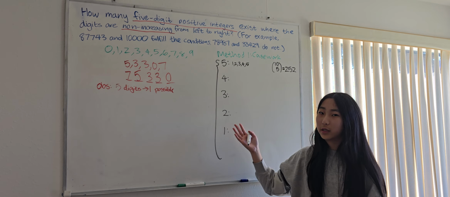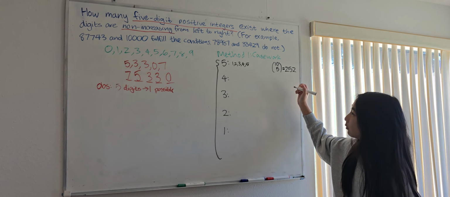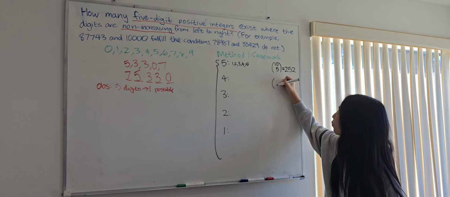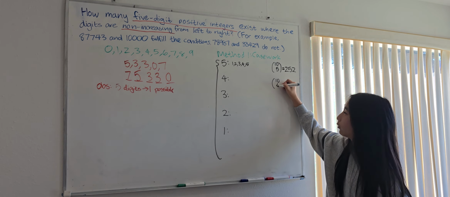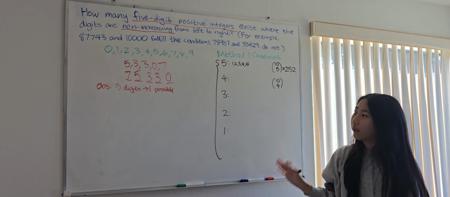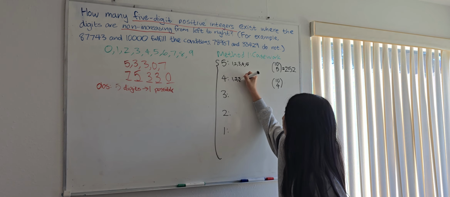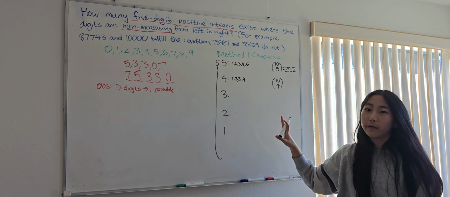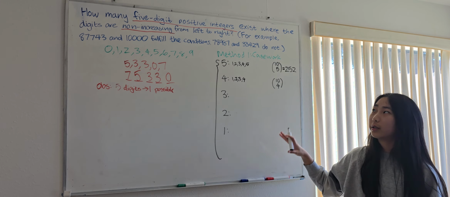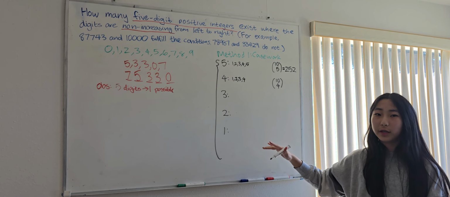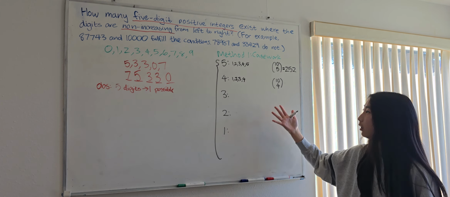Now for our next case, which is when we use 4 distinct digits in our set. Similar to our previous case, we also have to choose which 4 digits we're going to use, which would be 10 choose 4. However, this case is a little different because let's say we choose 1, 2, 3, and 4. This is only 4 digits, but the resulting number we want is a 5-digit positive integer, and we need a 5-digit set.